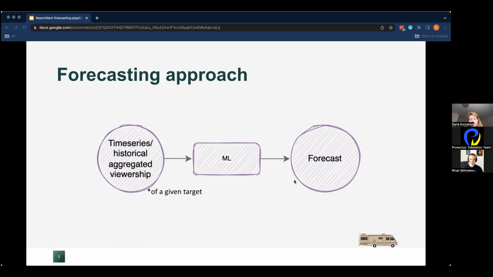This ML model produces a forecast, but first it needs to be trained on some historical data. So we need some aggregated data for viewers on a daily basis, but not all possible viewers; we need to limit them only to a specific target, meaning that we only need to predict the viewership for luxury car buyers or for pet owners. There can be hundreds of different targets.